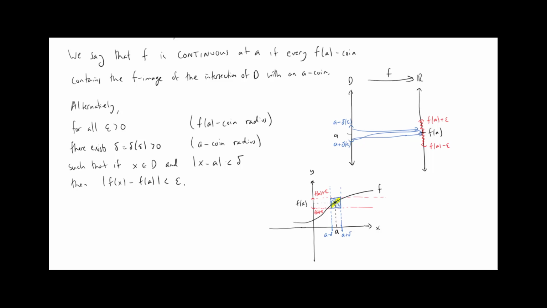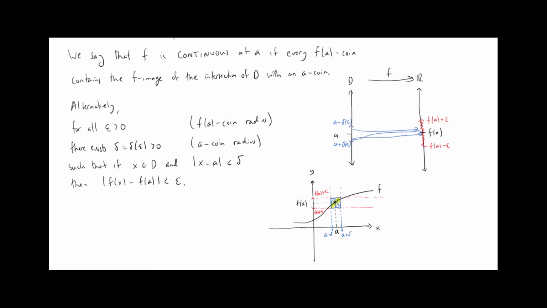So the idea ultimately is somebody gives you the height of a rectangle. You have to give them the base of a rectangle, where that base is centered at a. And the rectangle has to completely contain the graph. The graph cannot jump out the top or the bottom within that rectangle.